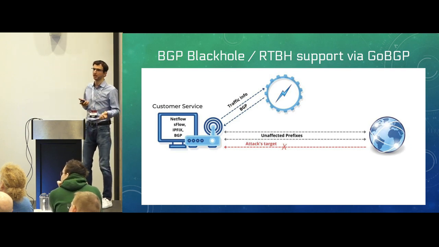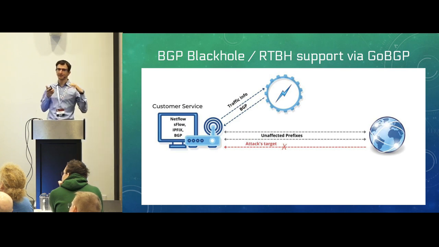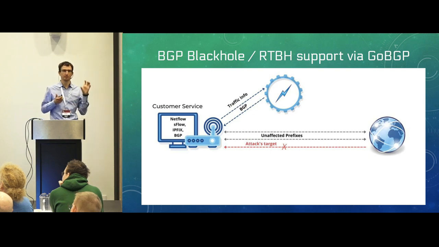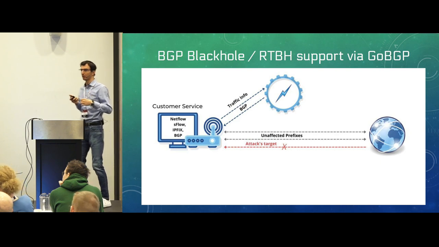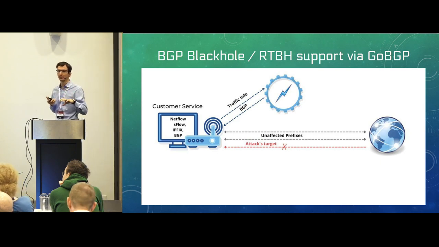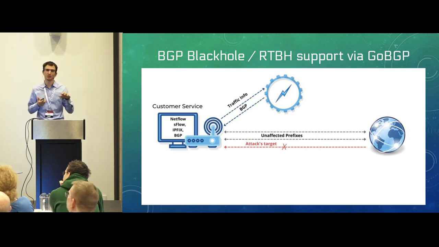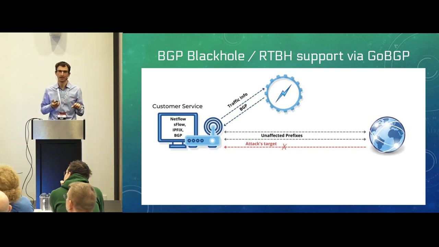One of them is ExaBGP, the second one is GoBGP. And when FastNetMon detects an attack, in addition to just sending a notification, look, this specific host in your network is under attack, we provide an option to announce via BGP the affected host, or the network to which this host belongs, with a specific BGP community to your routers. And then you can do what you want.